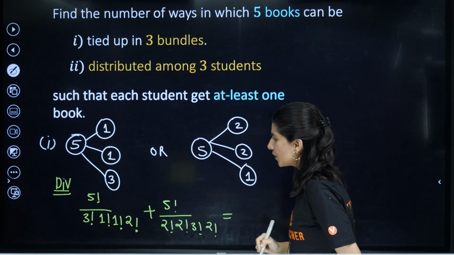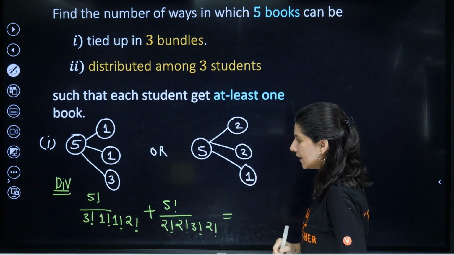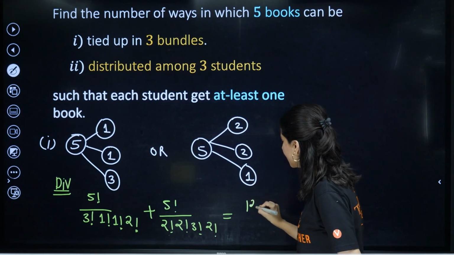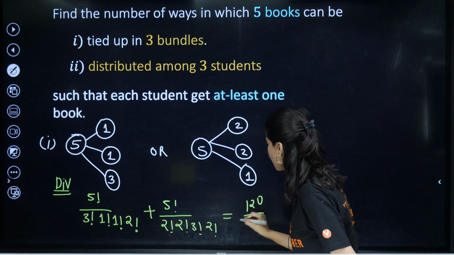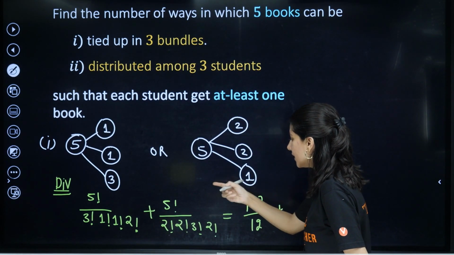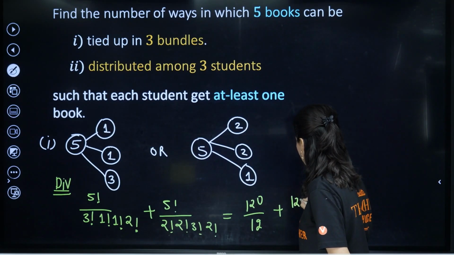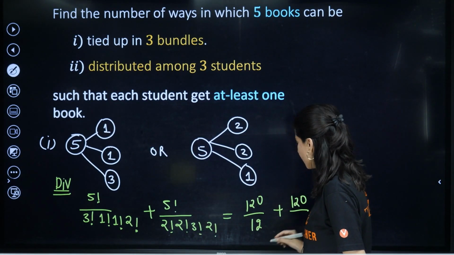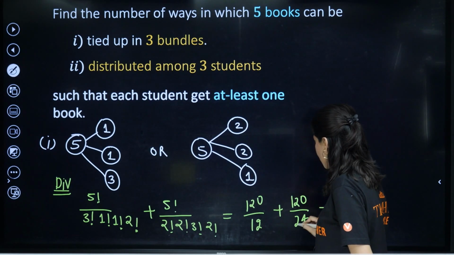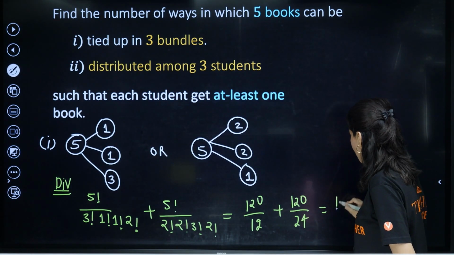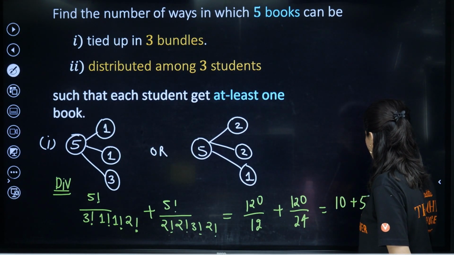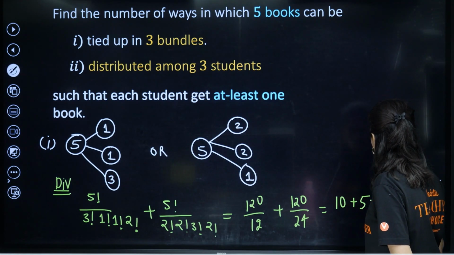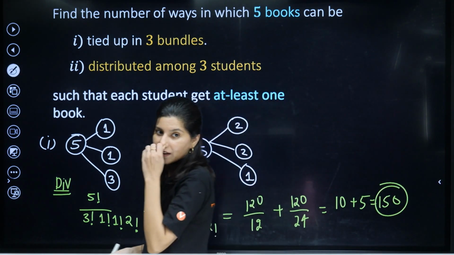So this is going to be 120 upon 3 factorial into 2 factorial, that is 12, plus 120 upon 4 into 2, that is 24... So this is going to become 10 plus 5. So 150. 150 ways you can distribute it.